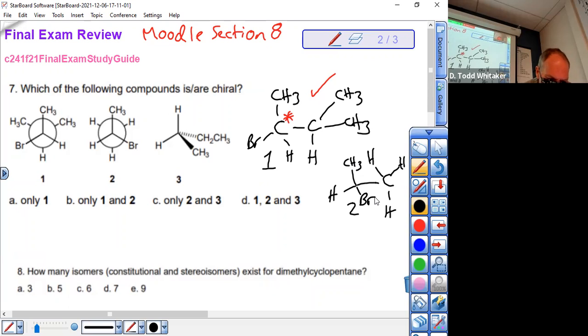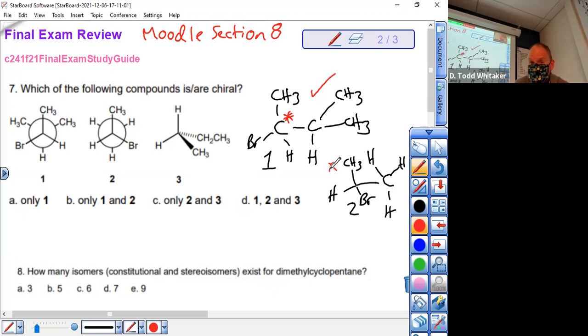And that carbon has 2 CH3s. The thing that could be a stereocenter is not a stereocenter. It has 2 CH3s. So, no. Not chiral. And 3, we don't have to redraw at all. It doesn't have a stereocenter, and it's not a special case.